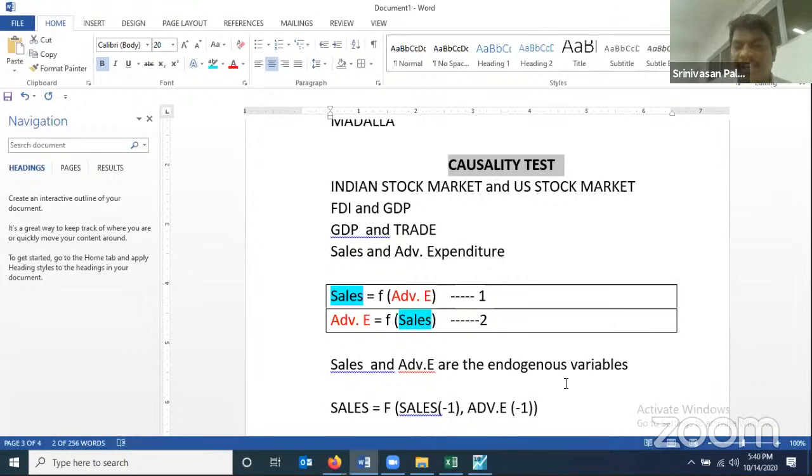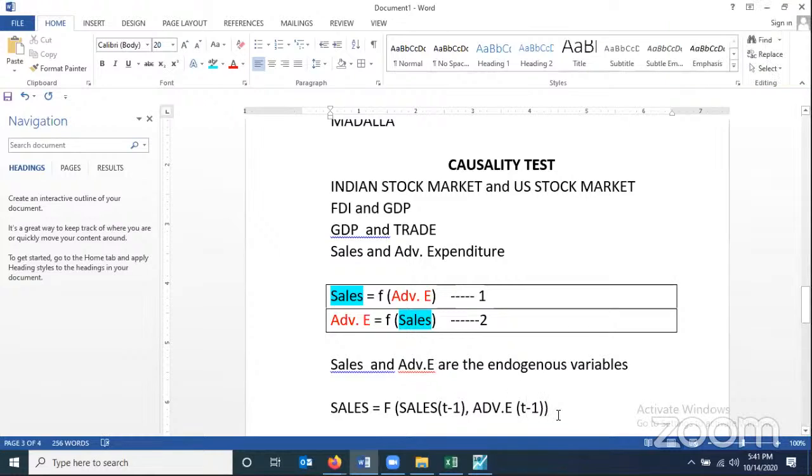For example, sales depends on its own lag and the lagged value of advertisement expenditure, t minus 1. You got it? Okay.